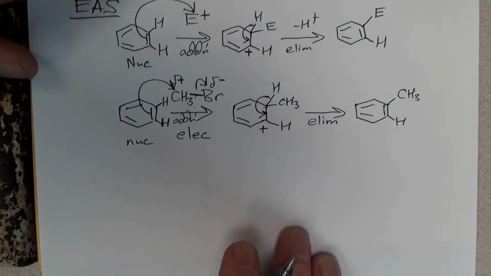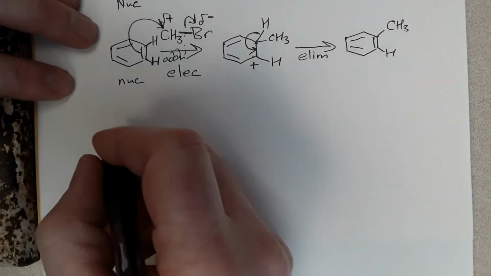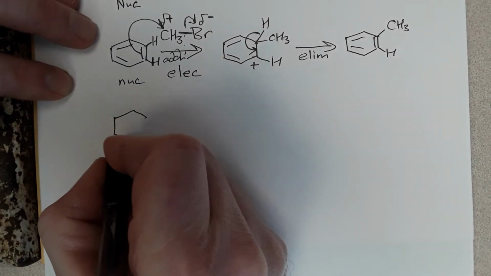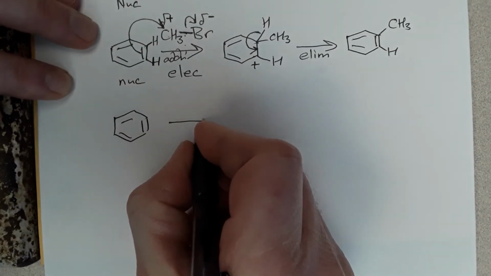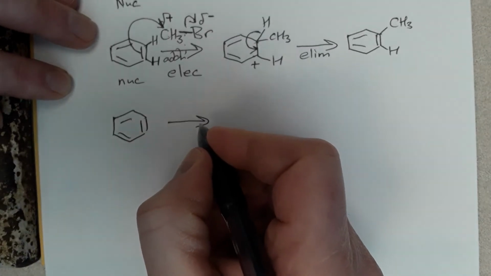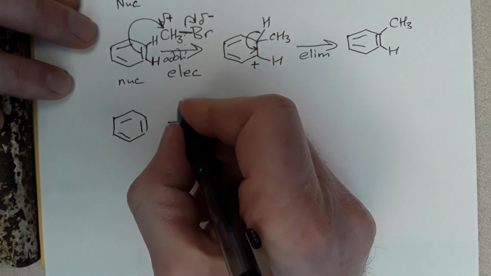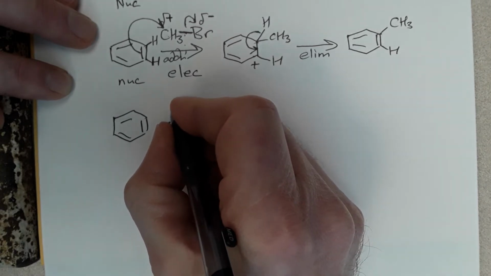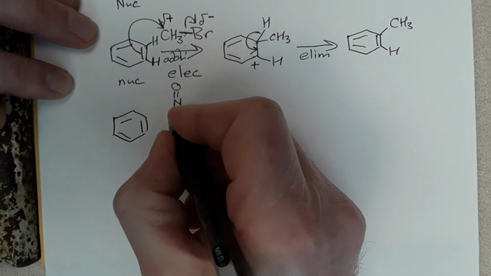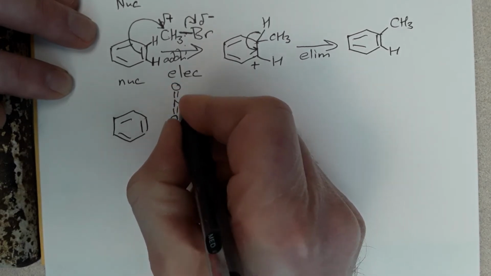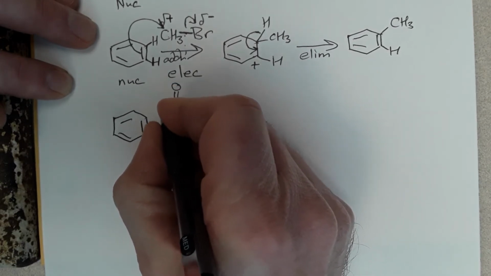Let's have you do one more. Nucleophile, and we'll have you react it with the electrophile that forms after nitric acid and sulfuric acid react with each other. And that is this thing right here.